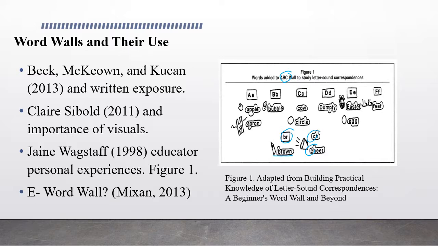She highlights the importance of visuals for ELLs who need to see something like a picture or a photograph or an object to make an association between the word and that visual. Jane Wagstaff does an excellent job of adding visuals.